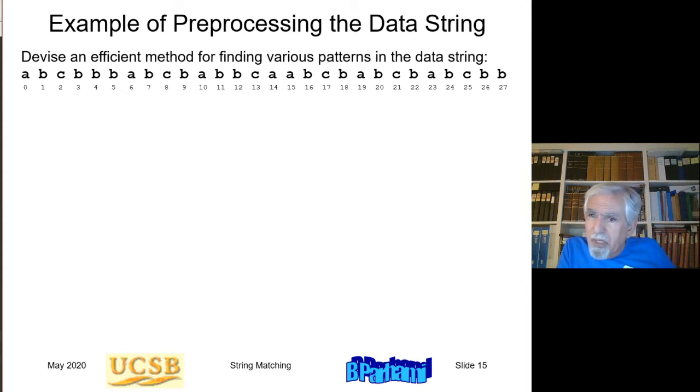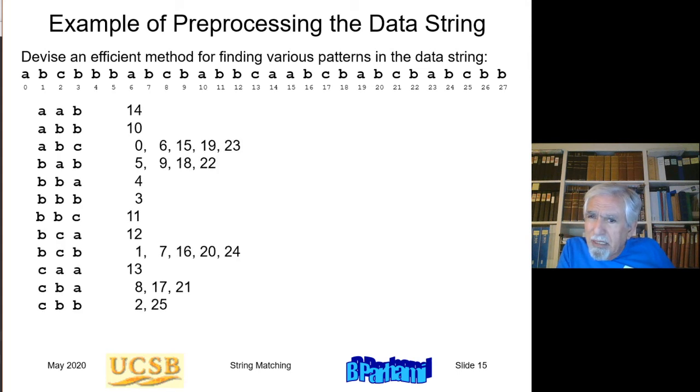So for example, in the case of the same situation where the data string just contains A's, B's, and C's, and the pattern string is again A's, B's, and C's, and imagine that this string is the entire internet. So at its leisure, Google sends these bots to various websites, and then they make note that AAB, so they take three-letter strings, AAB, okay, appears here in position 14.